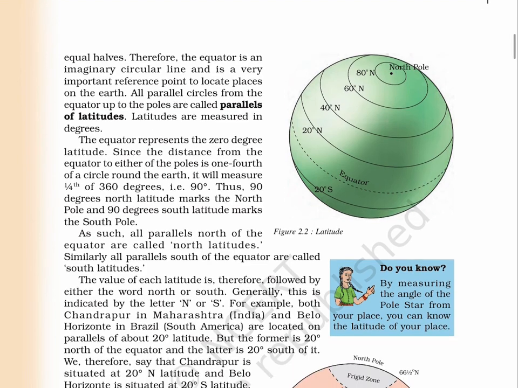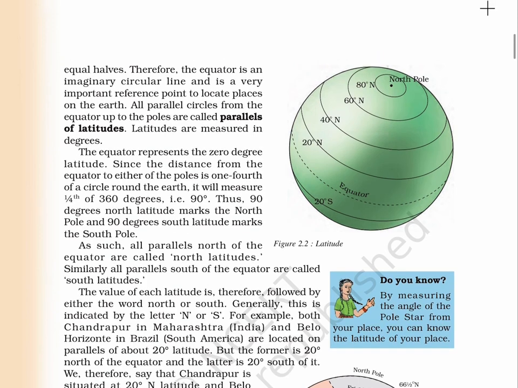Therefore, the equator is an imaginary circular line and is a very important reference point to locate places on the Earth. All parallel circles from the equator up to the poles are called parallels of latitudes. Latitudes are measured in degrees. The equator represents the 0-degree latitude.